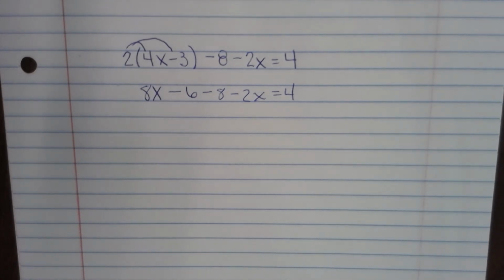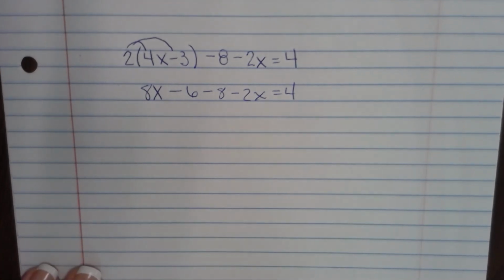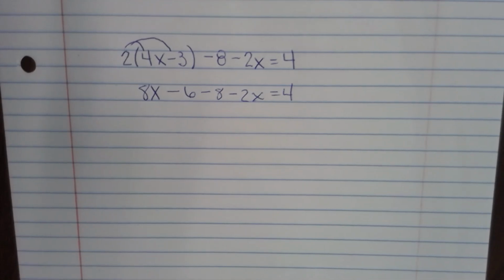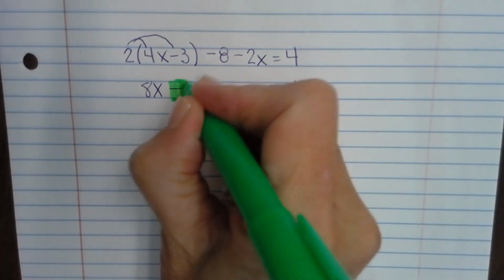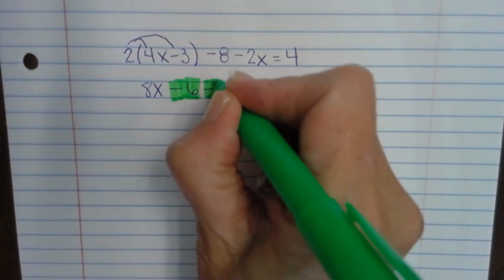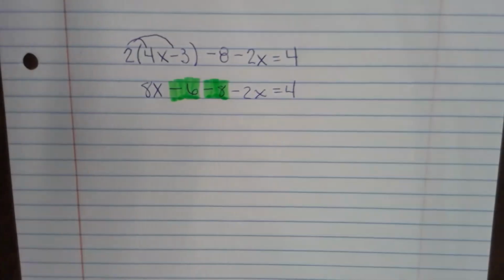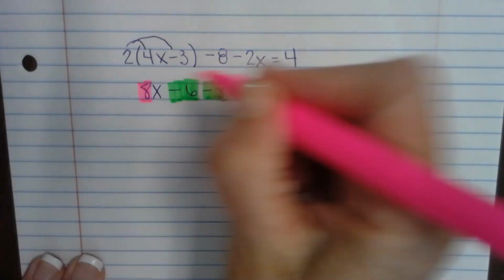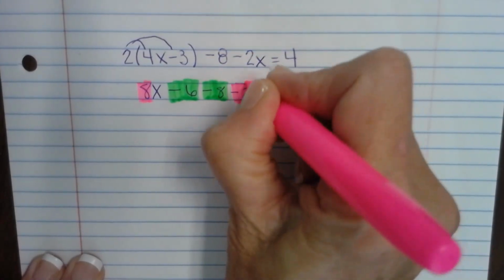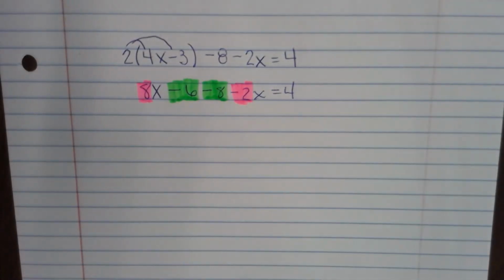Somebody tell me 2 things that go together. Okay, I heard 8 and 6. Now 8 and 6, okay, I think we're talking about these 2, right? Okay, so these 2 go together because they are constants. And then what are the other 2 that go together? 8 and 2, and it's a negative 2, because they have the x's on them, right?